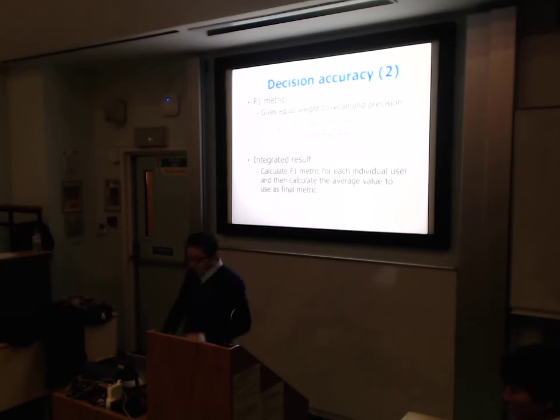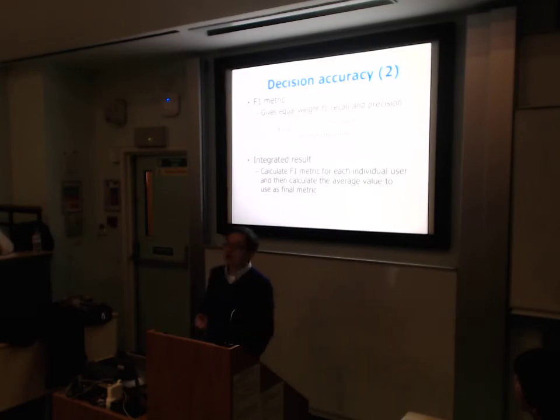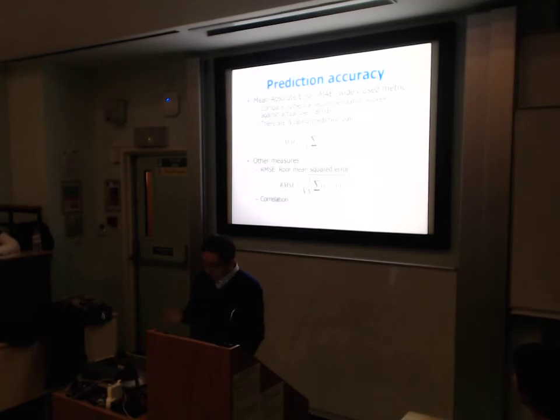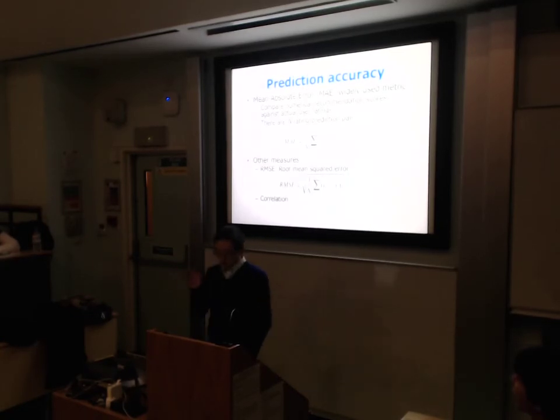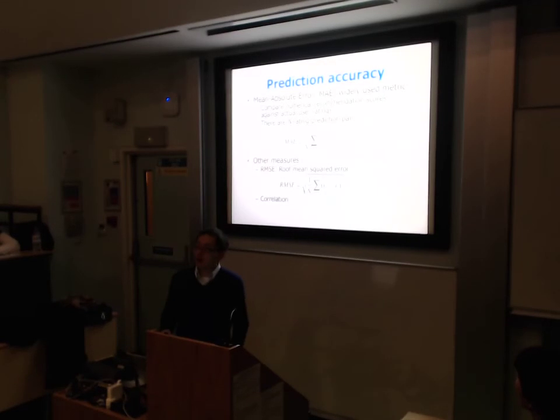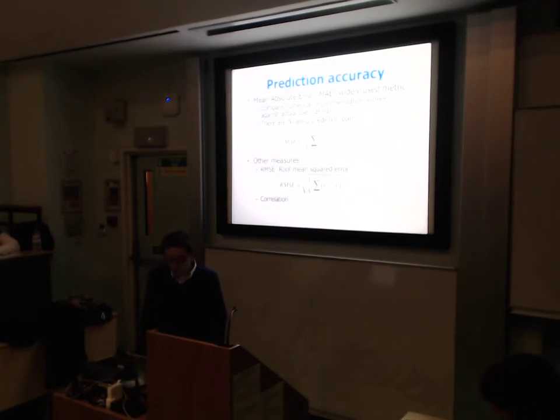So the measures are similar to what we talk about in text retrieval. We can have the F1 measure, as a balance of precision and recall. But there are also two slightly different measures where we look at prediction accuracy. It's very easy, in fact. You calculate the error.